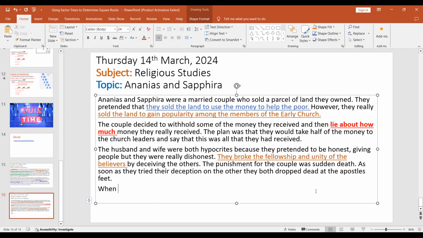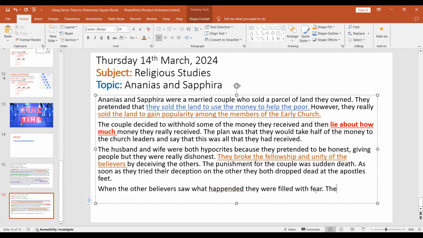When the other believers saw what happened, they were filled with what? Filled with fear.